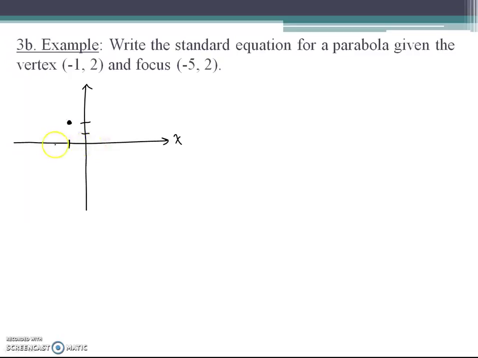My focus is at (-5, 2). So what's going to happen is a nice wide parabola. Again, that's really irrelevant. The vertex and the focus are what we're really most concerned about. By the way, this is horizontal.